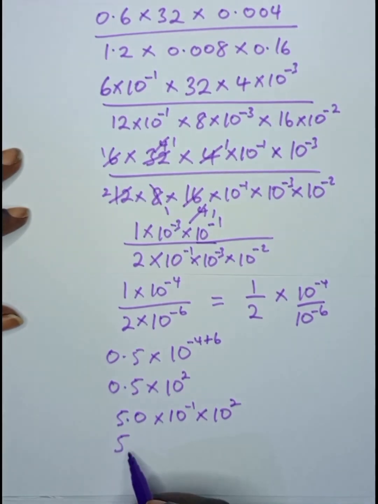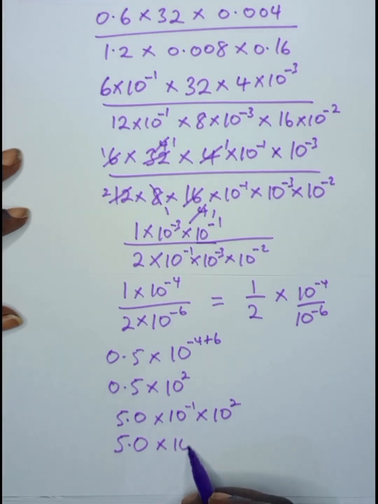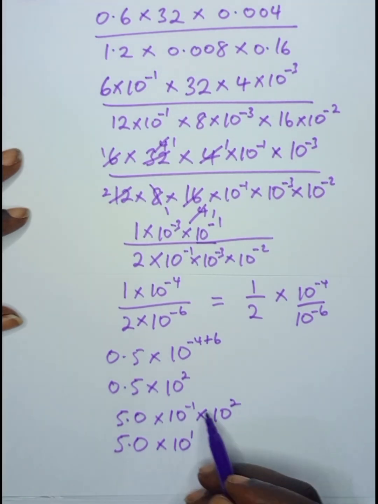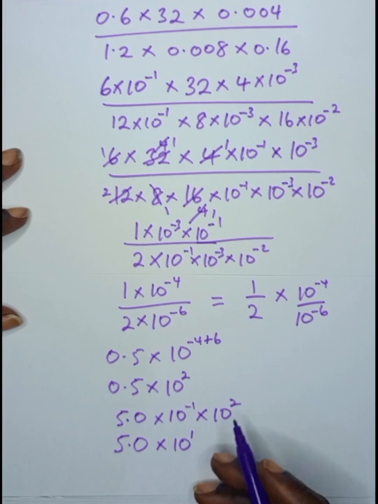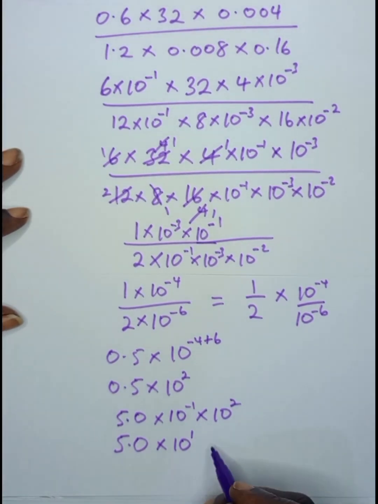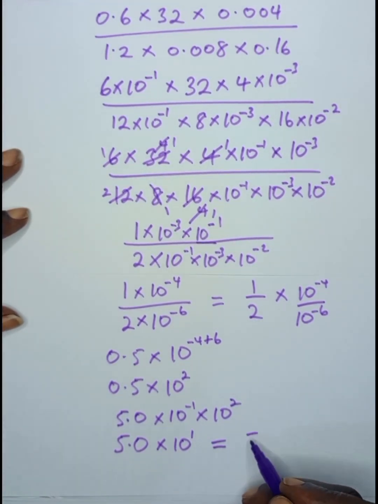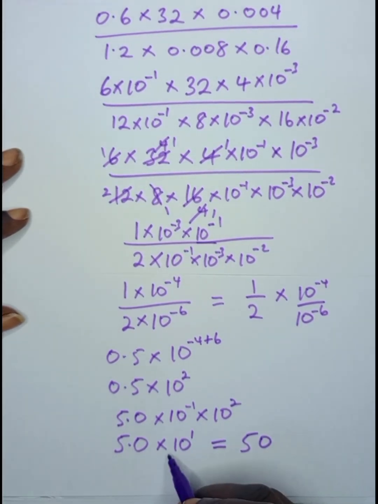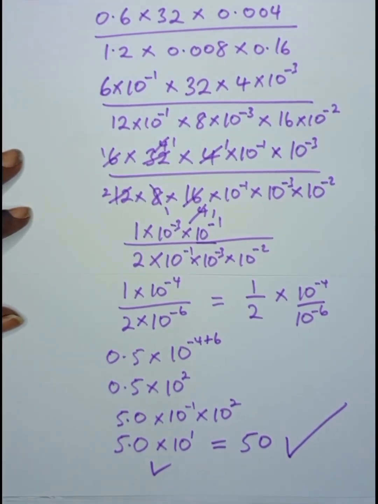So we have 5.0 times 10 raised to the power positive 1, because minus 1 plus positive 2 is positive 1. So we can leave it like this, or somebody can also say it is equal to 50. You can leave it as 5.0 times 10 raised to the power 1, or you can also leave it as 50.